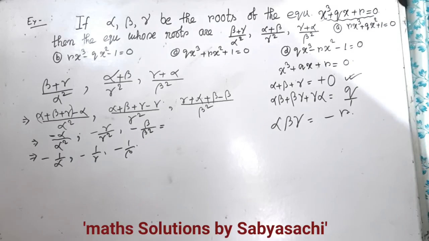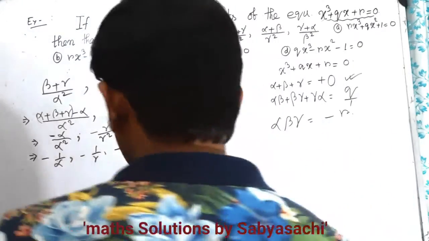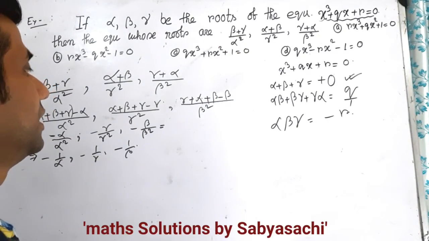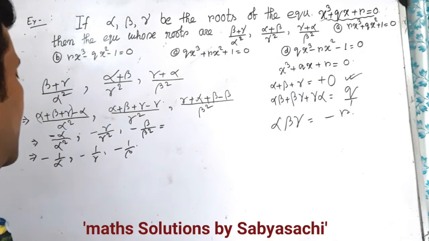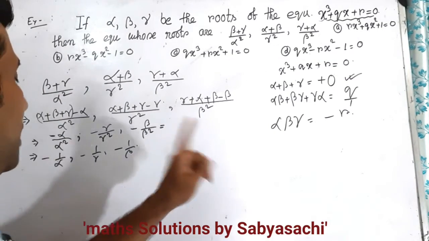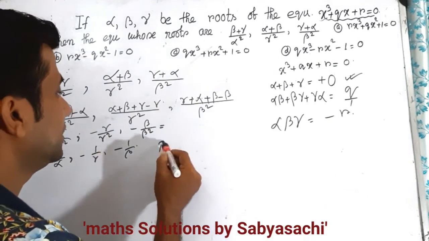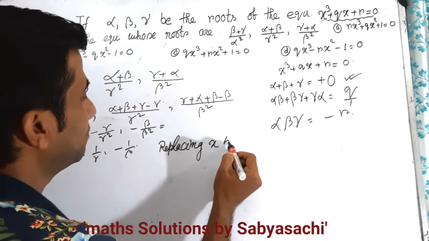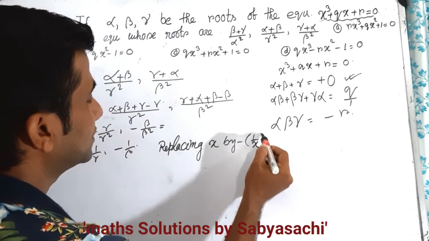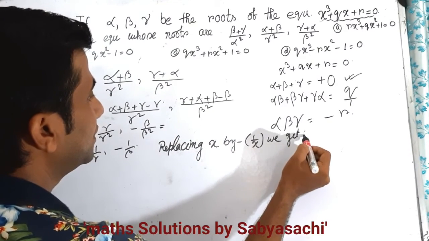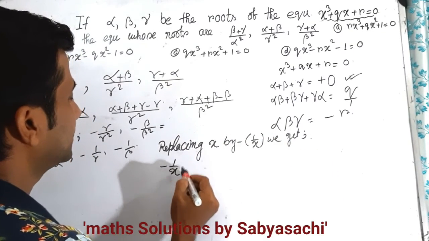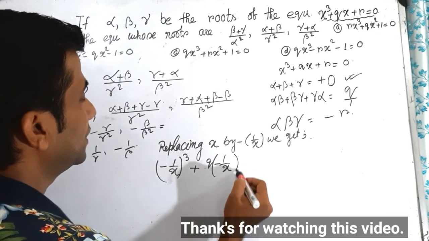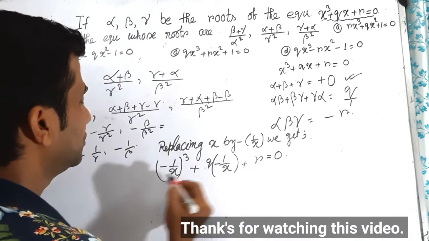Now, as I have told earlier, if you replace x by minus 1 by x, we get minus 1 by x whole cube plus q into minus 1 by x plus r is equal to 0.